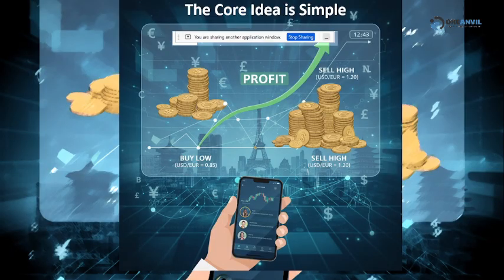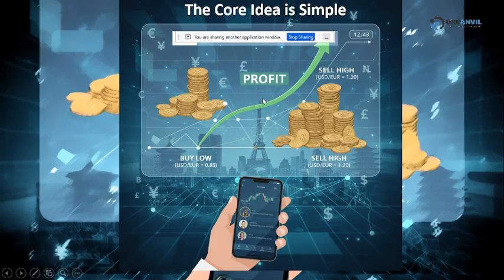If you look at this particular diagram here, this is the essence of forex trading in one visual. You have two currencies, the US dollar and the euro. The goal here is simple. We buy low and we sell high.